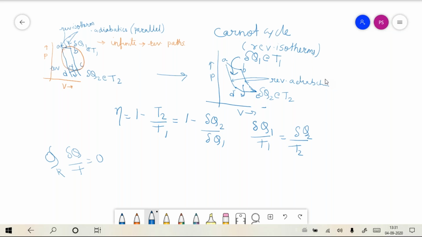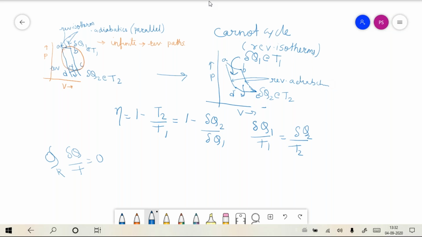So if you convert this actual reversible cycle, you slice it into infinite number of pieces, such that the slices would include two reversible adiabatics and two reversible isotherms.